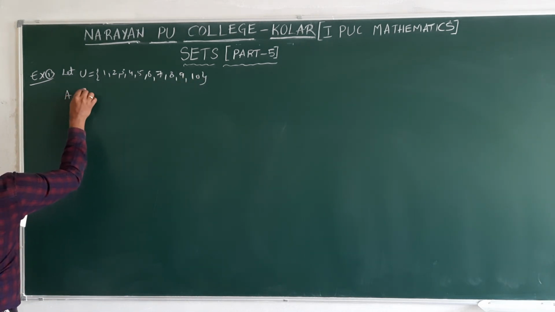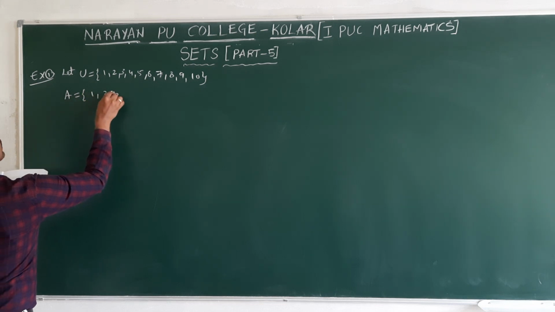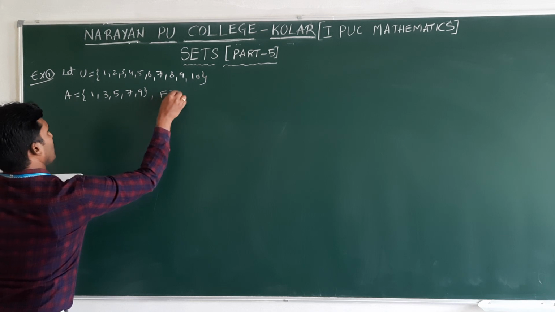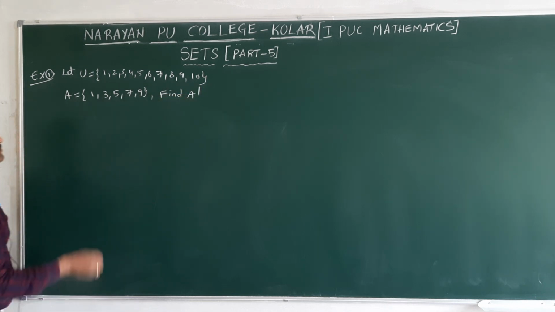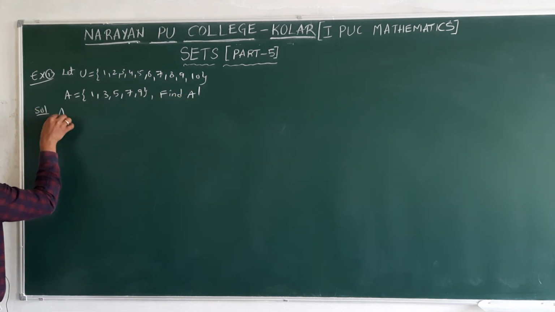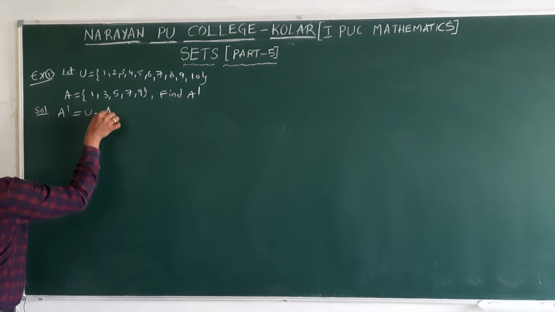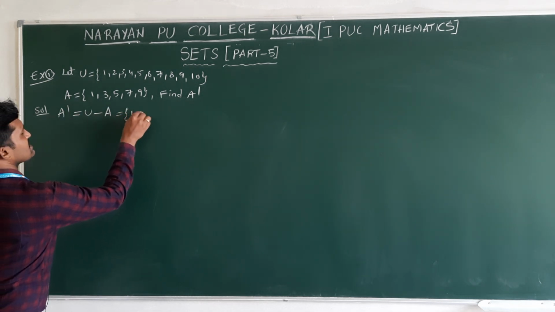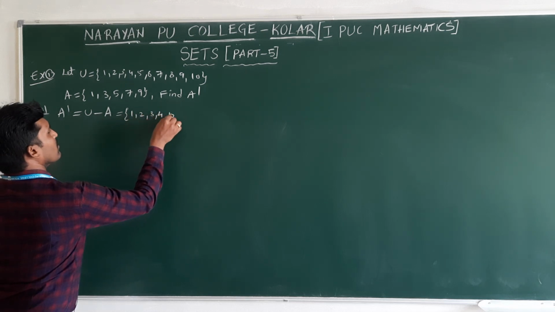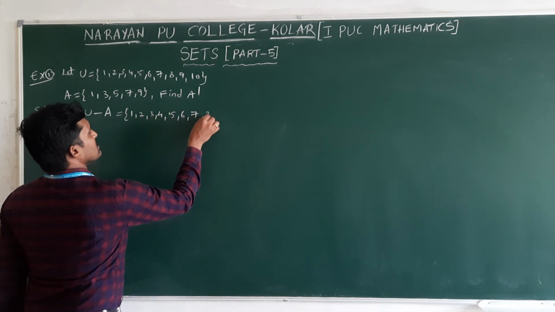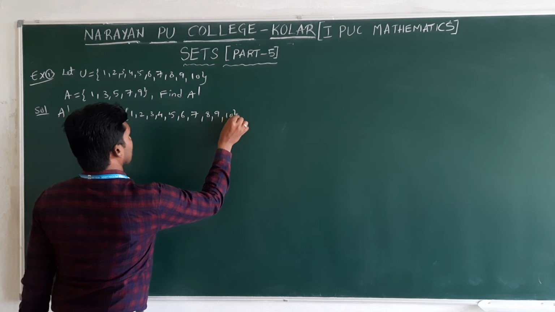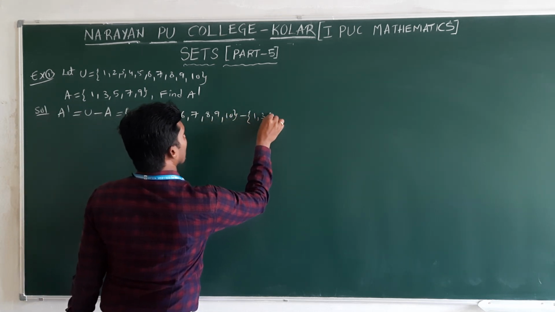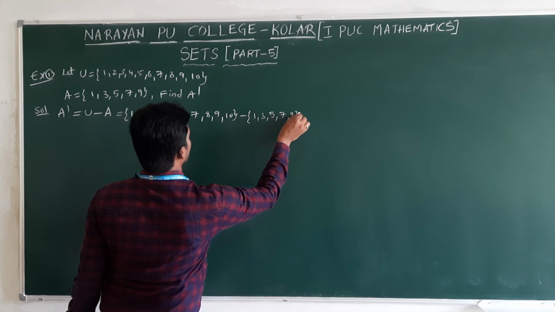A equal to 1, 3, 5, 7, 9. Find A dash. How to find A dash? A dash equals universal set minus A. Universal set is 1, 2, 3, 4, 5, 6, 7, 8, 9, 10 minus the A set 1, 3, 5, 7, 9.